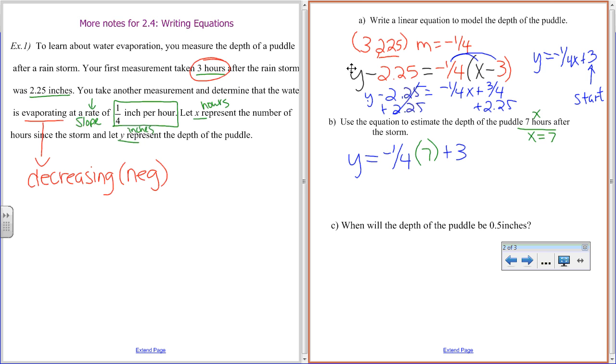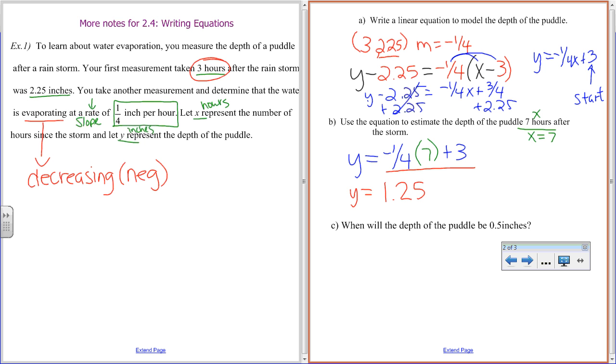It becomes pretty simple and straightforward at this point that we can just evaluate this expression and get y is equal to negative 1/4 times 7 plus 3, and that gives me 1.25.